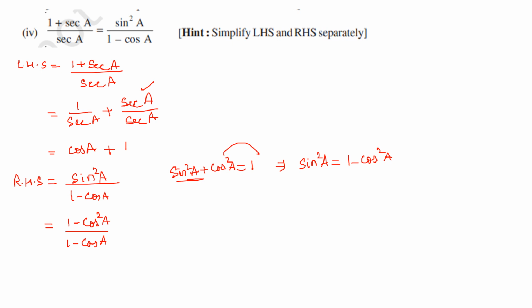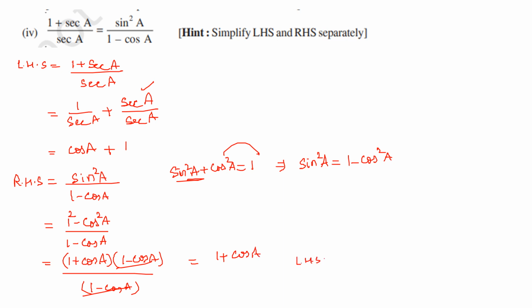Now if you see the numerator, it is in the form of a² minus b², because 1 I can write as 1². So it will be (1 + cos A)(1 − cos A) divided by 1 minus cos A. So 1 minus cos A and 1 minus cos A cancel. So you are left with 1 plus cos A. So here you can see LHS and RHS both are equal. Hence it is proved. Clear?